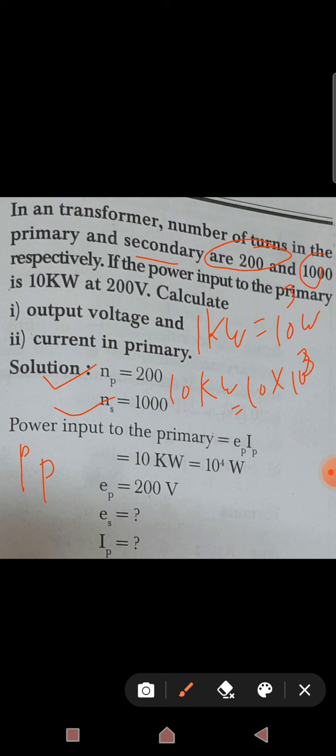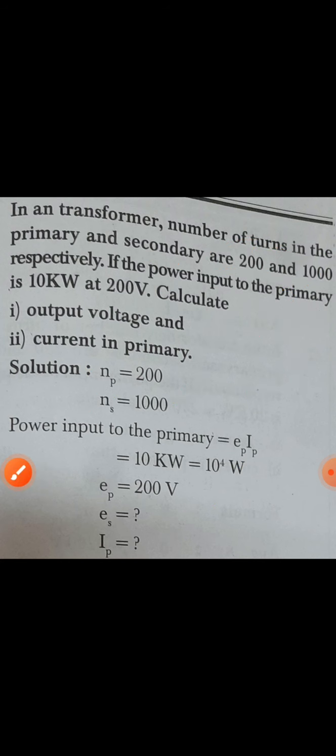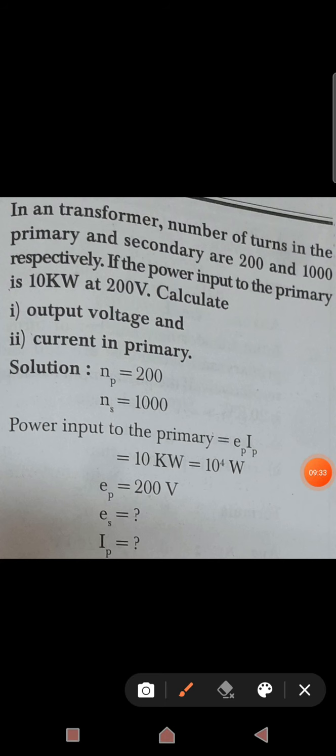So 10 power 3 into 10, we are getting 10 raised to 4 watt, right? So this will be written here. So you can get the idea that the NP, number of turns of the primary, is 200. Number of turns of the secondary is 1000. Power input to the primary is 10 kilowatt, means 10 raised to 4 watt.